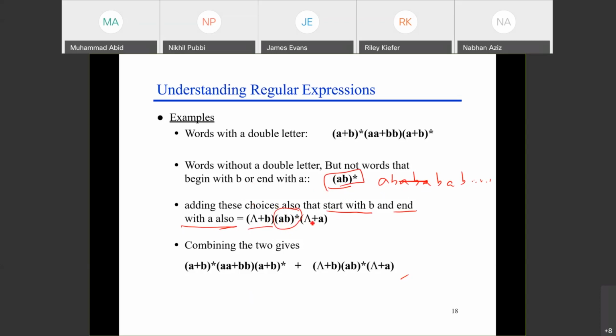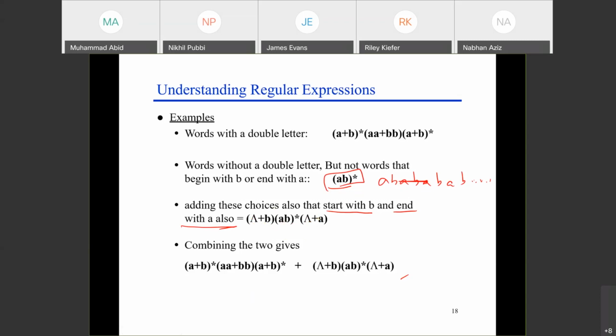So we write lambda here, because we might not be interested in starting with B or ending with A. It is optional. In that case you will choose lambda from here and lambda from here. But if you want, you can now start with B and end with A.